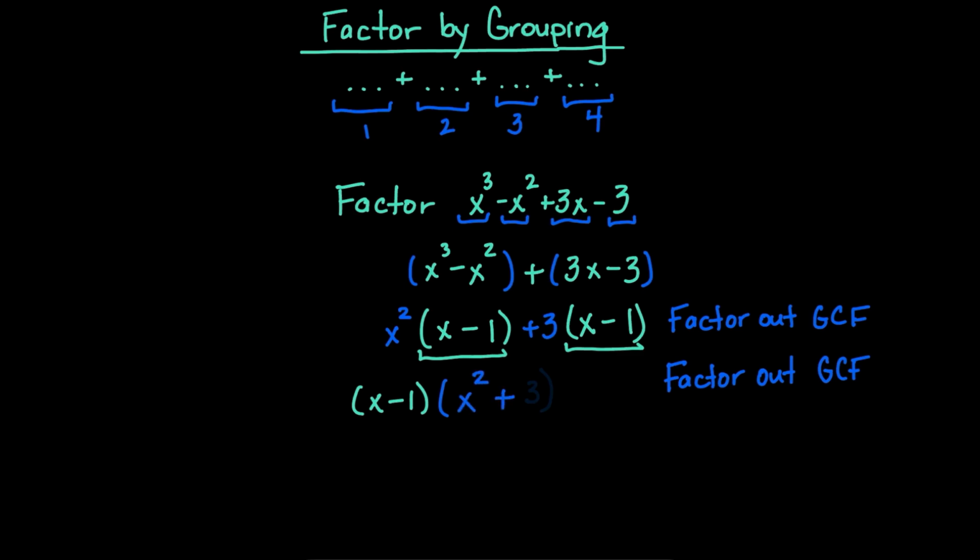And from my second term, when I divide out x minus 1, I'm left with 3. So the expression we started with factors into x minus 1 times x squared plus 3. If you're still unsure about how to identify and factor out a GCF, please check out the Factoring Out GCF videos.